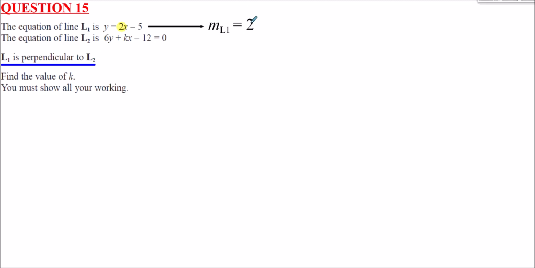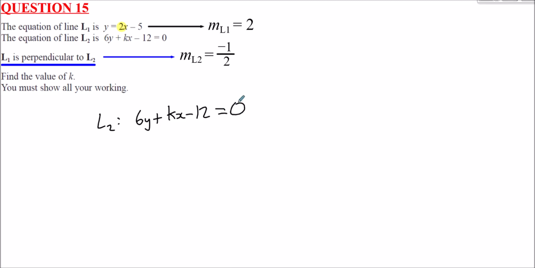So we just put 2 as a fraction with 2 on the bottom, 1/2, and switch its sign. The negative reciprocal of 2 is minus 1/2. Therefore, the gradient of line L2 needs to be equal to minus 1/2. So now we know that, we can sort out finding out the value of k. So L2, if I just copy it down here, we've got 6y plus kx minus 12 equals 0.